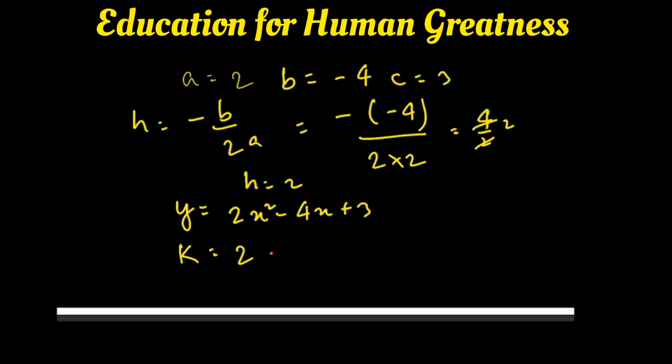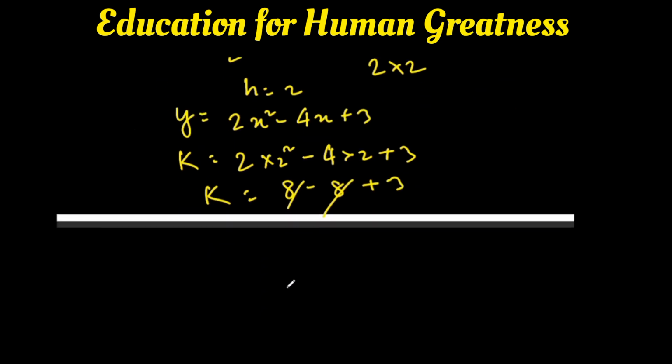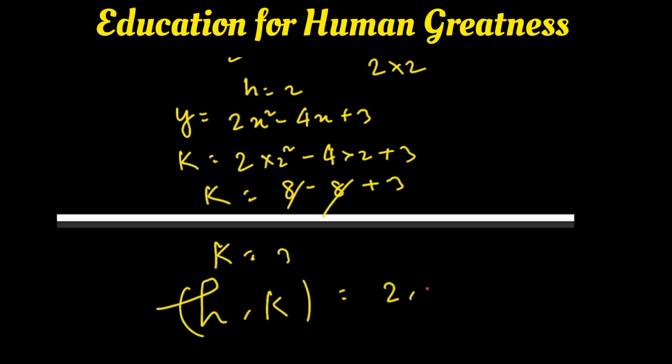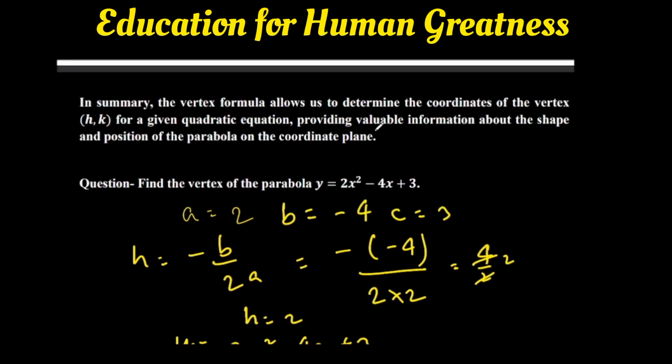Then we can see here it's 2 times 2 square minus 4 into 2 plus 3. Then k equals 8 minus 8 plus 3, the 8s cancel. Now k equals 3. So in this case (h, k) equals (2, 3). This is the vertex of the given equation.